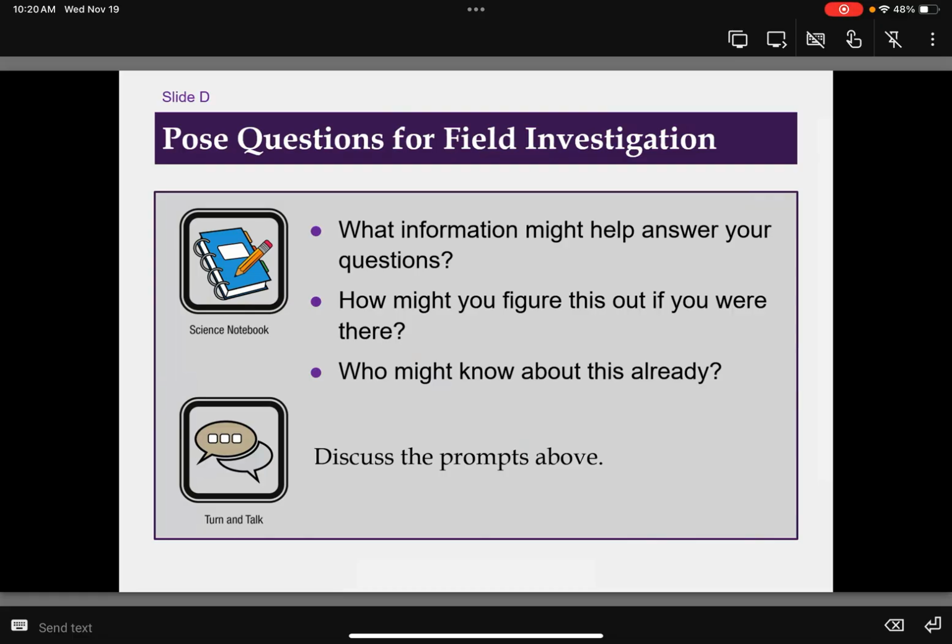Talk to them and they give us information. Past research. Table 4. The water current. Oh, that's a good one. Yes, big brain.